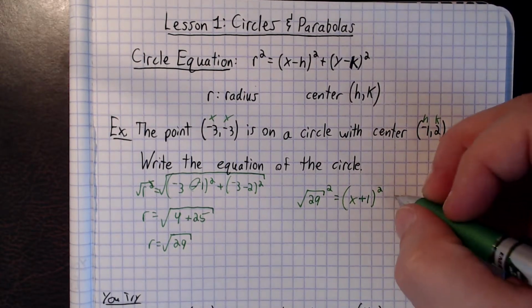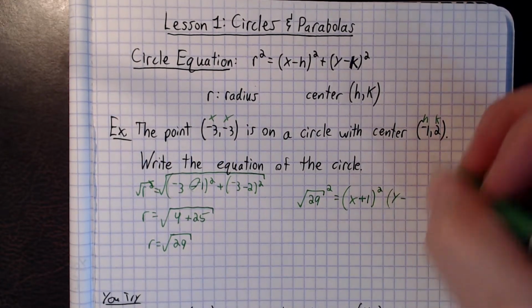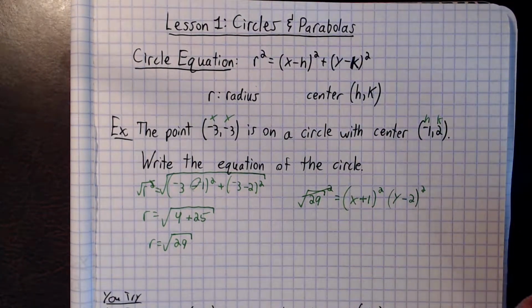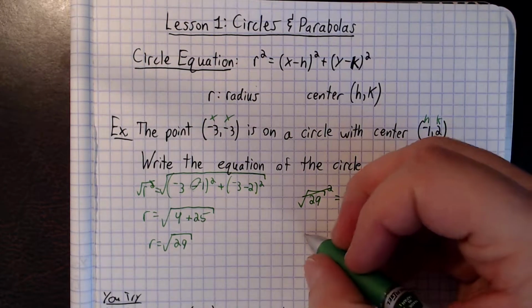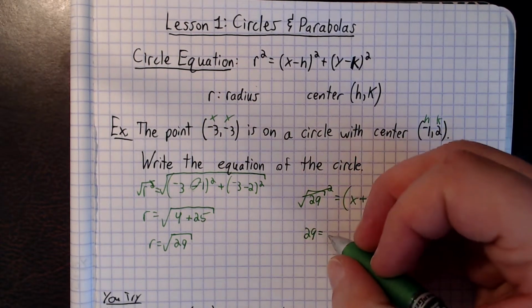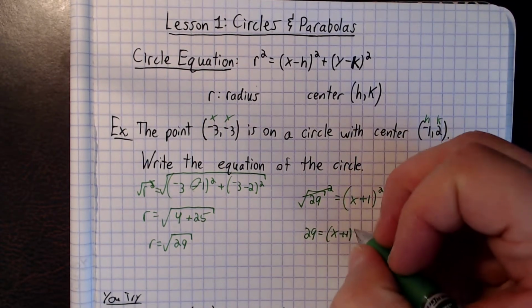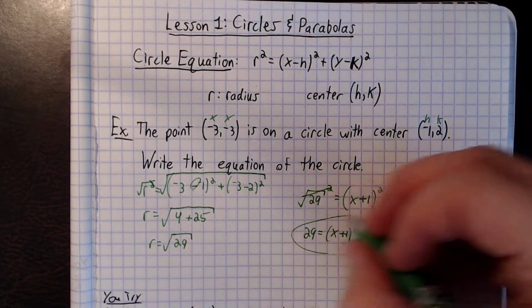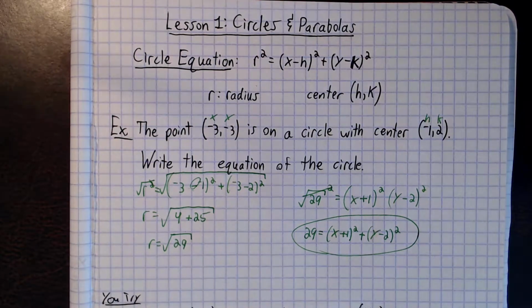That's why the signs change. And then y minus k, which is 2. These go away. So really, our final answer for this is 29 equals (x plus 1) squared plus (y minus 2) squared.